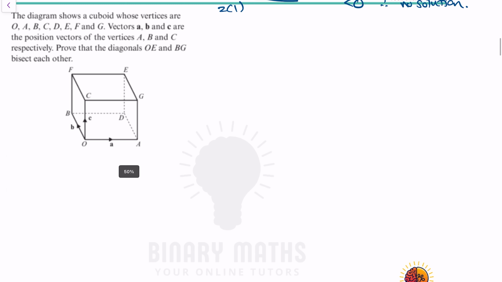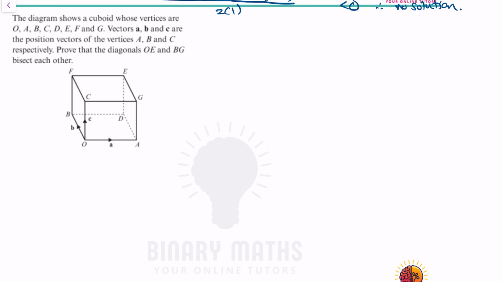Okay, the next question. The diagram shows a cuboid with vertices O, A, B, C, D, E, F, and G. Vectors a, b, c are the position vectors of the vertices A, B, and C respectively. Prove that the diagonals OE and BG bisect each other. So OE is here and BG is there.